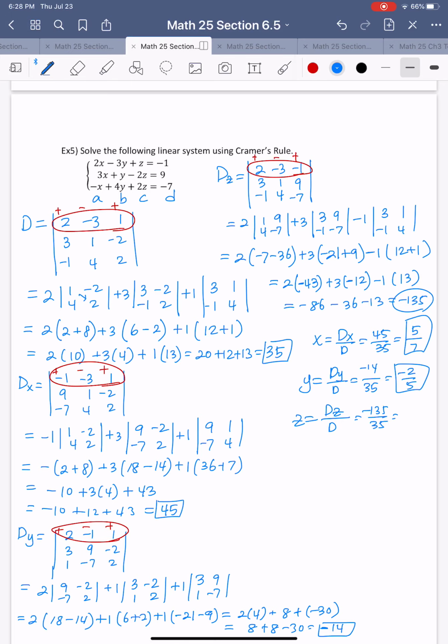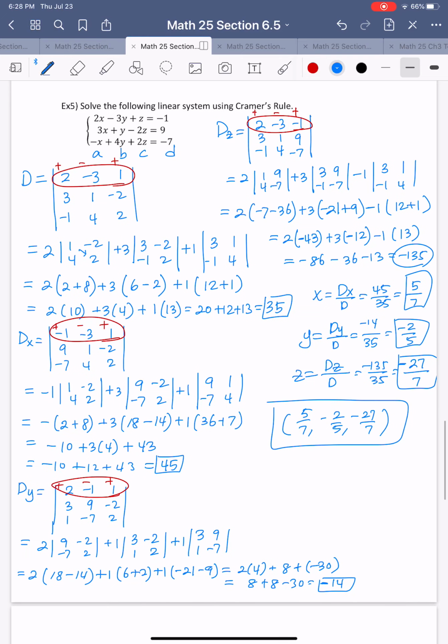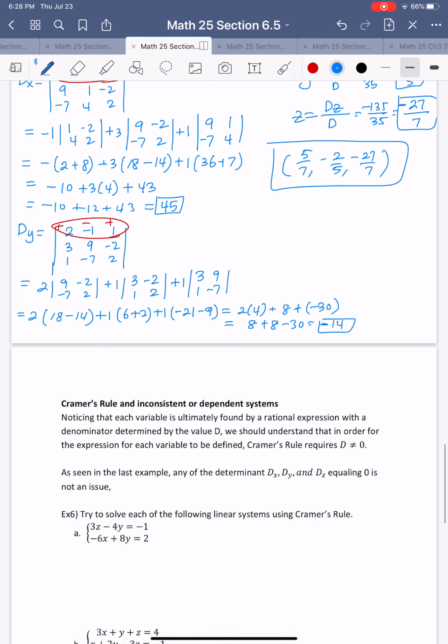If I reduce by 5, it's going to be 7 and 5 goes 2 times 27. So answers are 5 over 7, negative 2 over 5, negative 27 over 7. Yep, so the answer could be an odd fraction too.